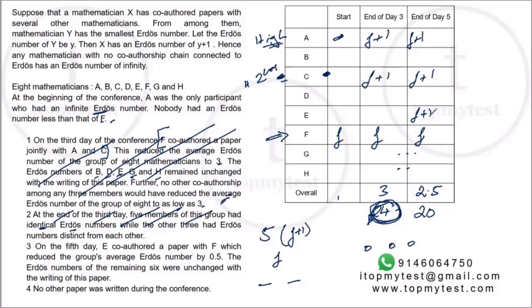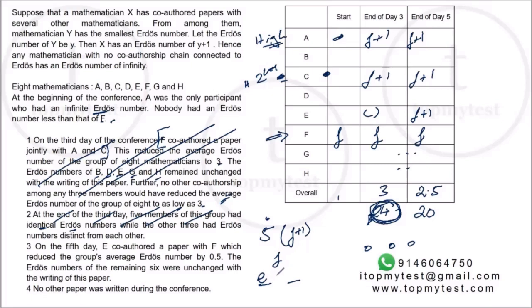The only reason the average has fallen is because E's Erdős number has fallen, which means F plus 1 cannot be his Erdős number at the end of day 3. Which means E cannot be in this group of 5 people. E has to be separate from this group of 5 people.